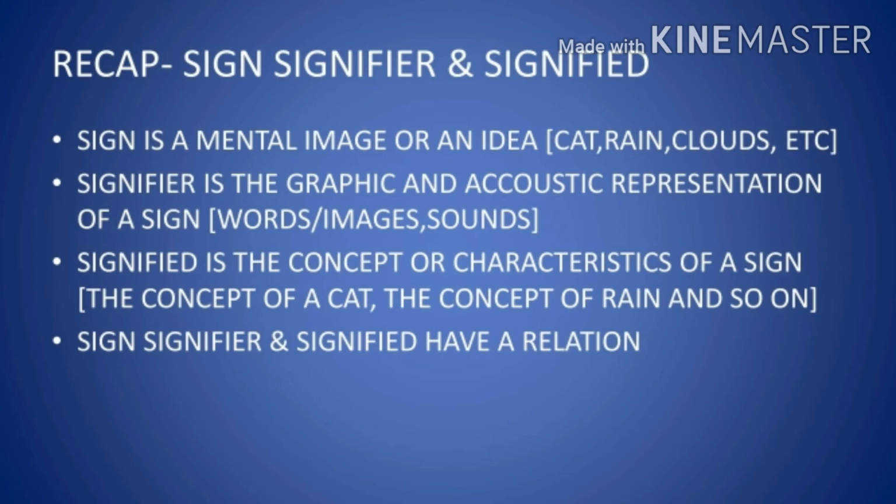Therefore, if the sign is an idea, the signifier is the graphic and acoustic manifestation of the sound, and the signified is the concept or idea associated with the sign, then it is evident that they must have a relation, right? So Saussure outlines the relation as this.